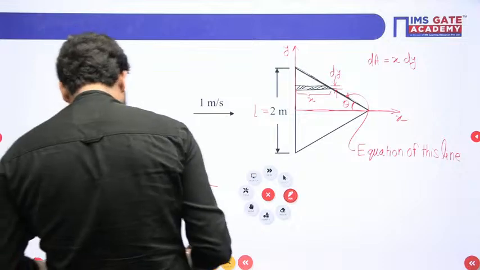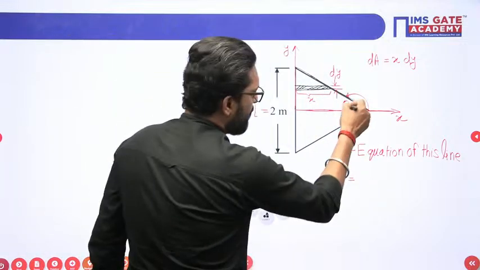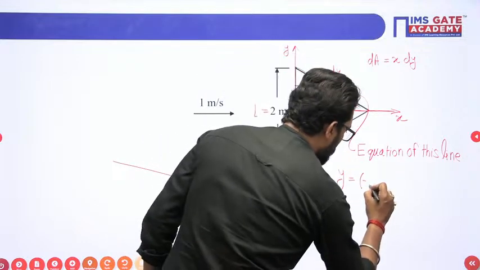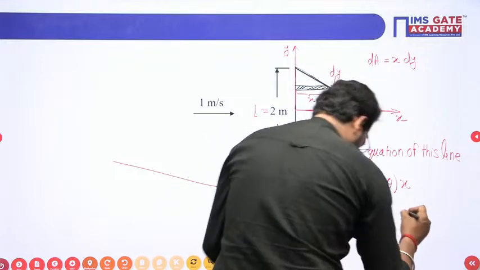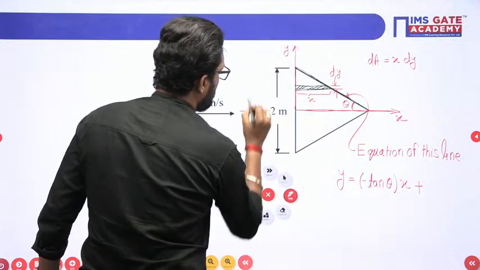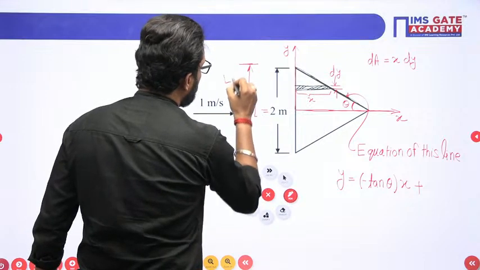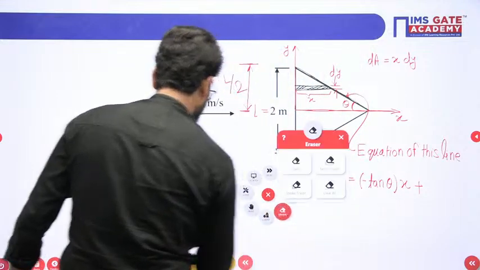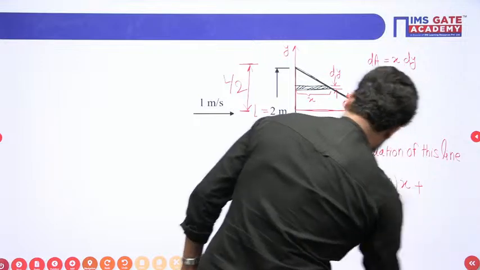Please tell me. The slope is negative, so y = mx + c, where m is tan theta, and c is the intercept, and this intercept is L by 2.